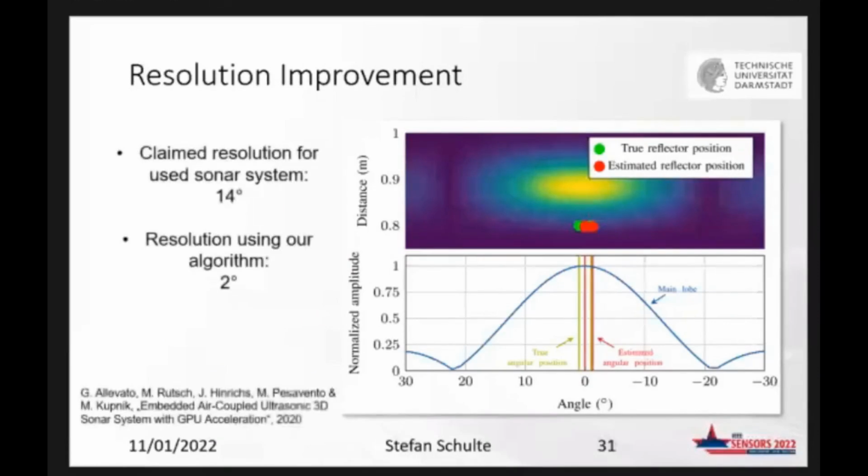In comparison to the claimed resolution of the original sonar system, which was 14 degrees, we could now, after the clustering process, gain a resolution of 2 degrees. The 14 degrees were calculated when there were two maxima visible in this function here.